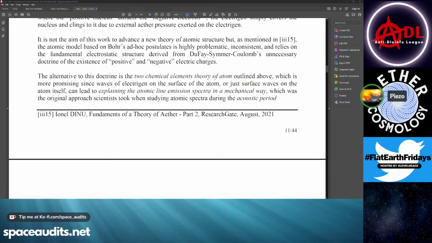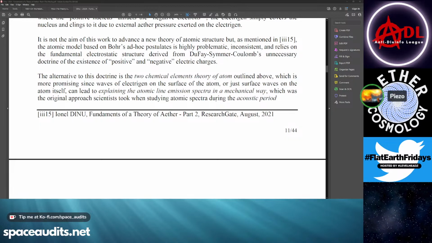It is not the aim of this work to advance a new theory of atomic structure, but as mentioned in reference 315, the atomic model based on Bohr's ad hoc postulates is highly problematic, inconsistent, and relies on the fundamental electrostatic structure derived from Dufay-Symmer-Coulomb's unnecessary doctrine of the presence of positive and negative electric charges.